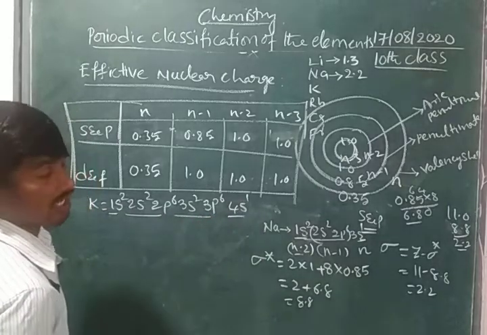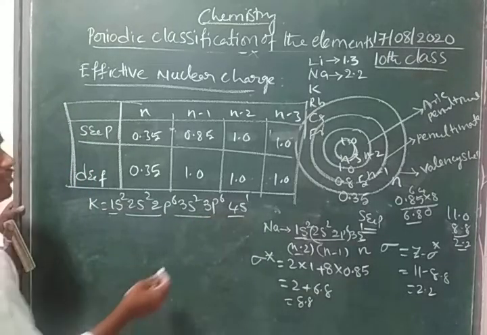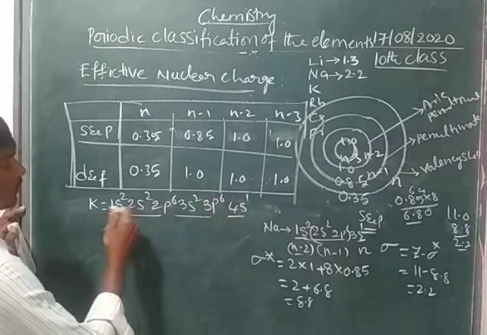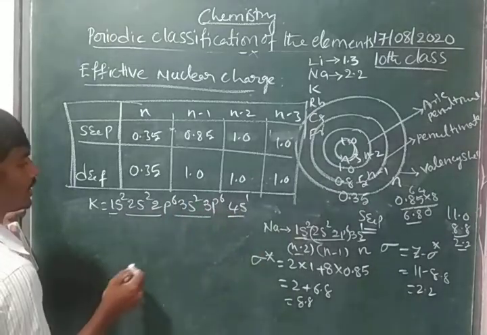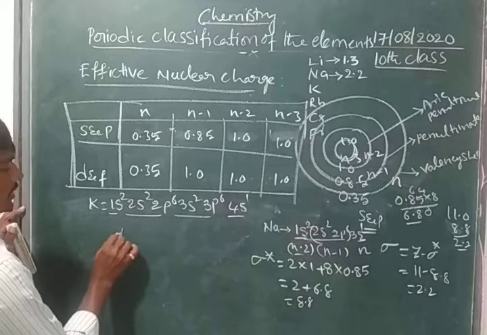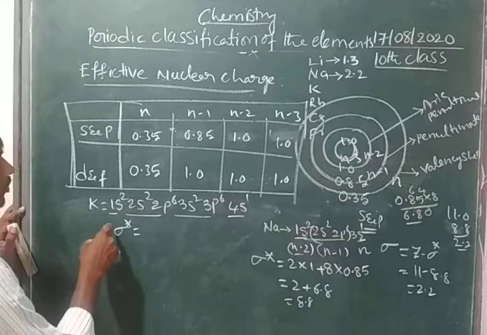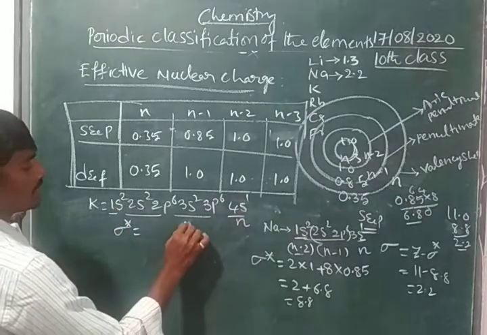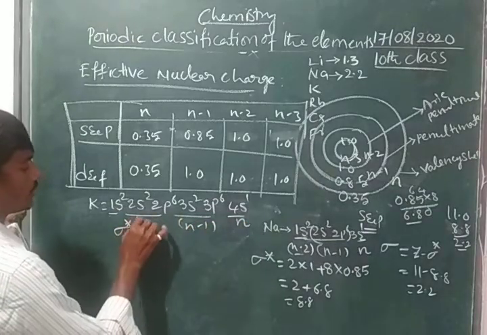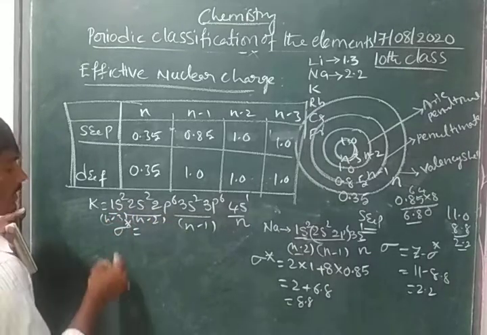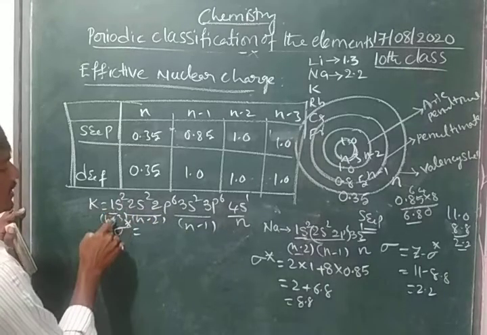There are 4 shells. So we have to find out the screening constant for potassium for the valency electron. Then sigma star equals, how much, children? This is n minus 1, n minus 2, n minus 3.